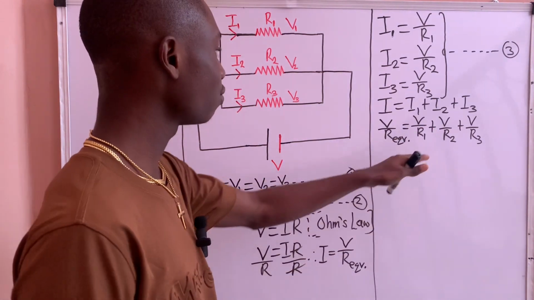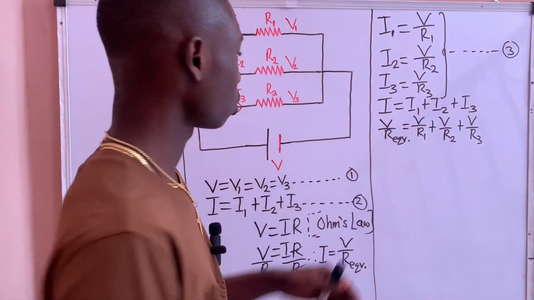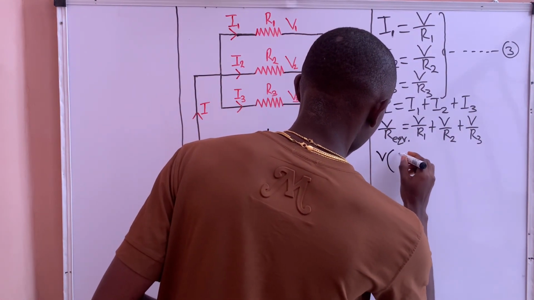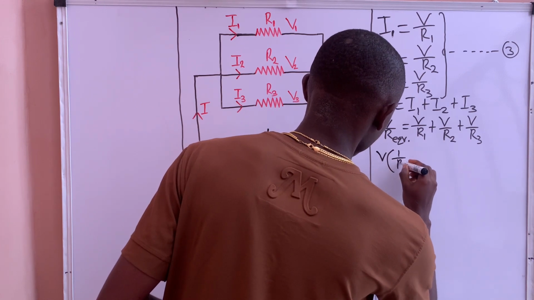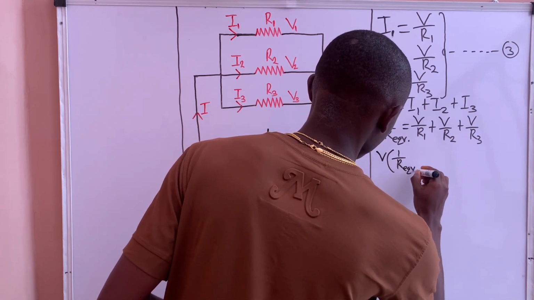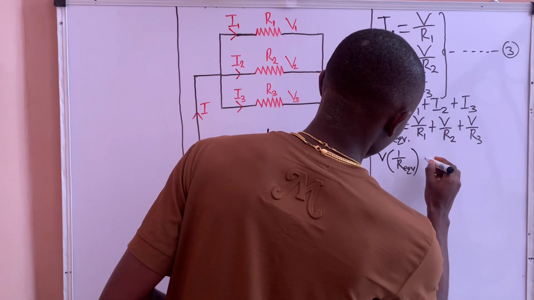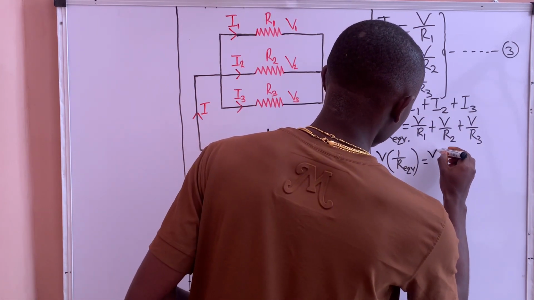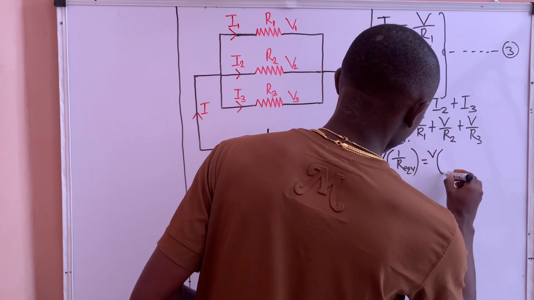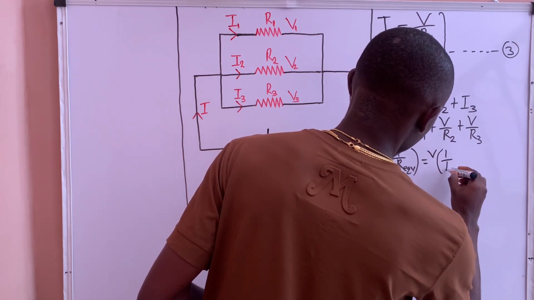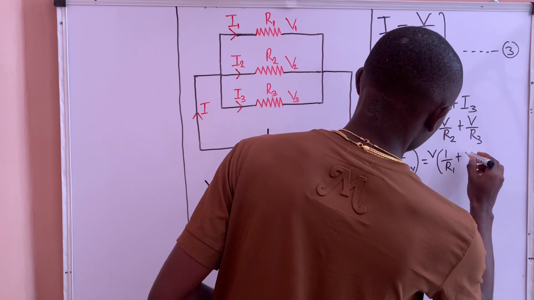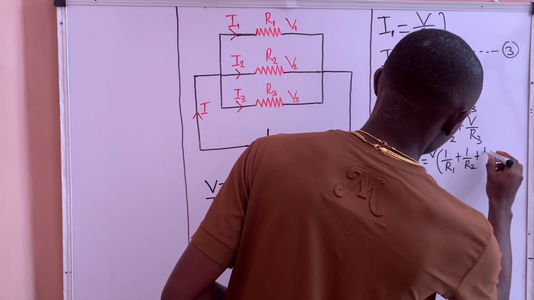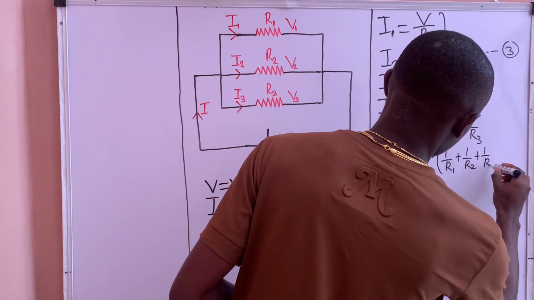So we will factorize V in this equation. This is the same thing as V times 1 all over R equivalent equals V times, in brackets, 1 all over R1 plus 1 all over R2 plus 1 all over R3.